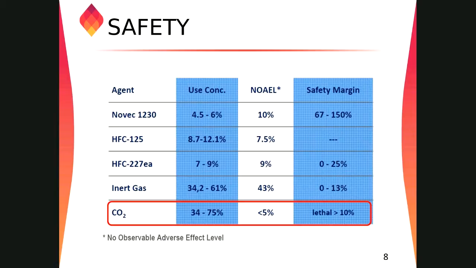We can only use it in places where there is no one, like a switch gear room, where we don't have anyone present inside. And if someone is going inside for maintenance or any kind of work, he should close the CO2 valve by some means of arrangement before going inside.